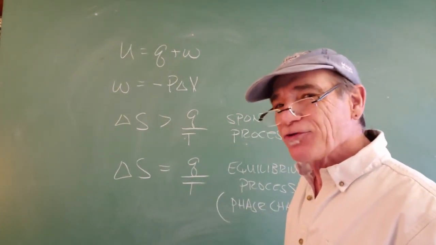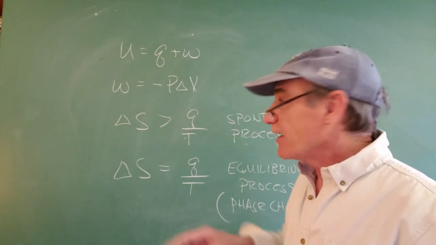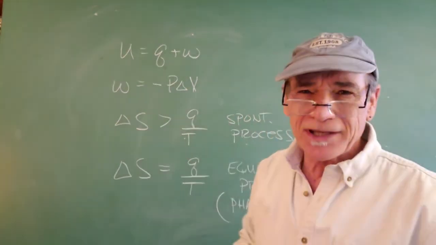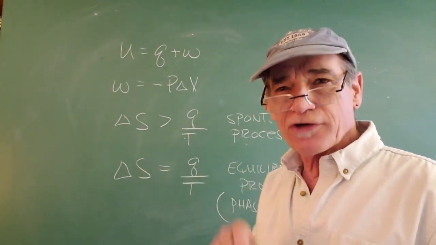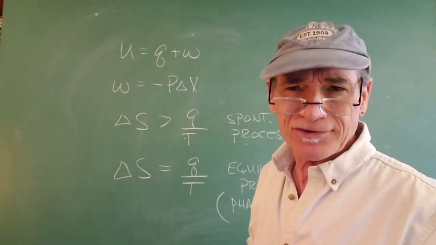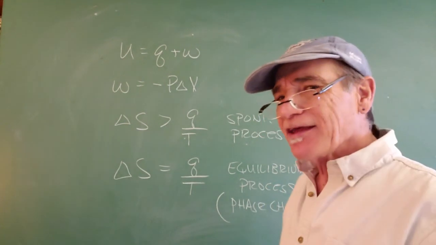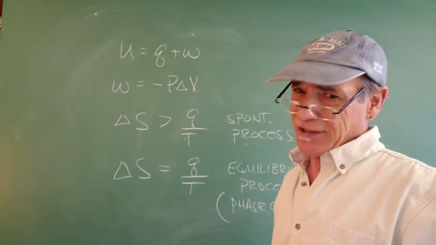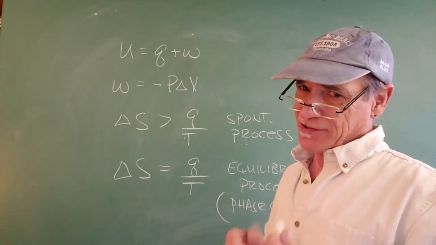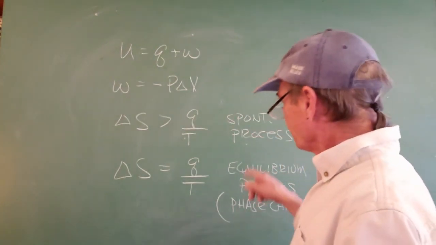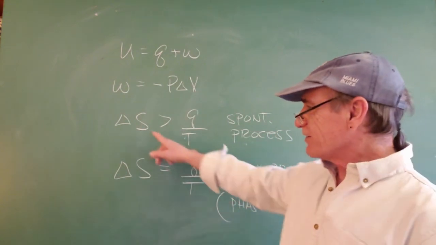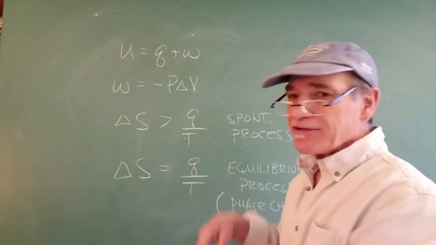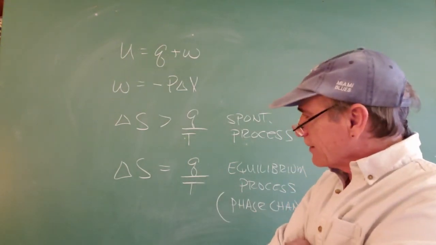Well, then, after we talked about delta H's and reminded you how we used to measure these Q values by calorimetry or by the summation law of heats of formation or using Hess's law, after we got past that, we introduced entropy, the idea that the other driving force behind a reaction could well not be the delta H, but the delta S. And we said for any spontaneous process that delta S had to be greater than Q over T, the heat change divided by the temperature at which the reaction was happening.